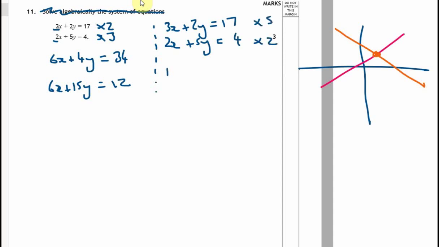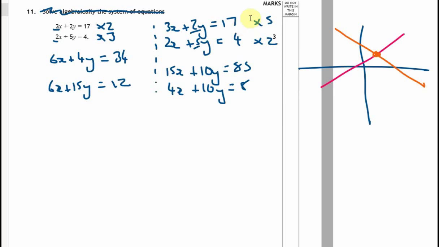That would give me 15x plus 10y is equal to 85, and that'll give me 4x plus 10y is equal to 8. So these are the two ways I could have done it. You just times them by the opposite coefficient.